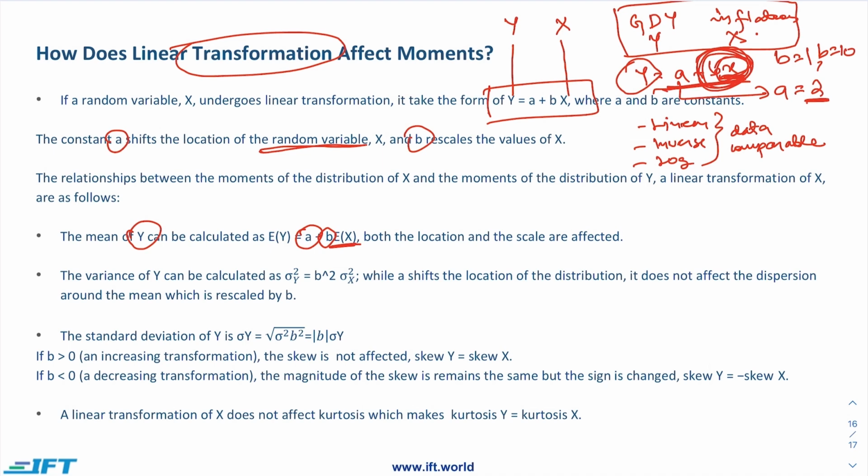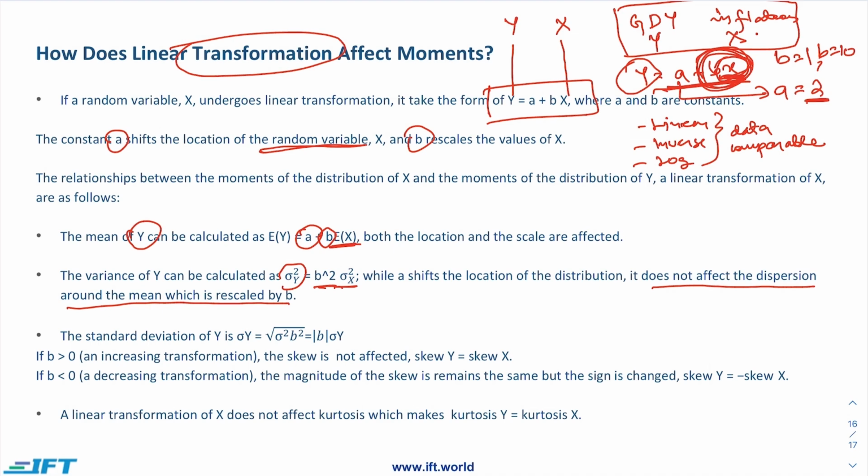Similarly, if we have the variance of y, in the case of linear transformation, sigma square y would be equal to b square into sigma square x. While a shift in the location of the distribution does not affect the dispersion around the mean, the dispersion is rescaled by b. So there will be some change, but it will just be the rescaling.